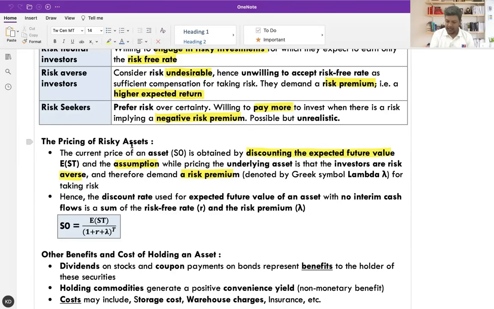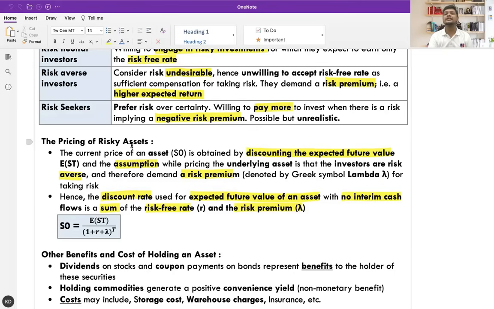Therefore, see this. Hence, the discounting rate used for the expected future value of an asset with no interim cash flows is the sum of the risk-free rate and the risk premium. Therefore, when I'm trying to find the present value of the stock, I'm going to take the expected value of the stock in the future, which is nothing but the expected spot price. Is that clear, everyone?